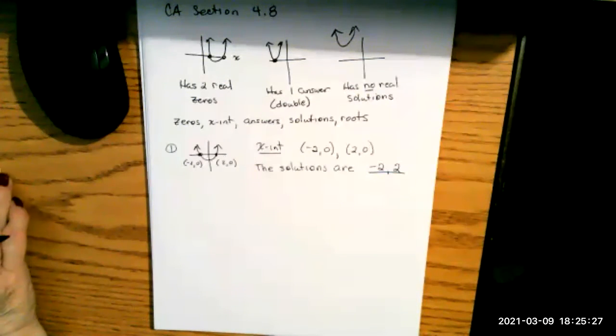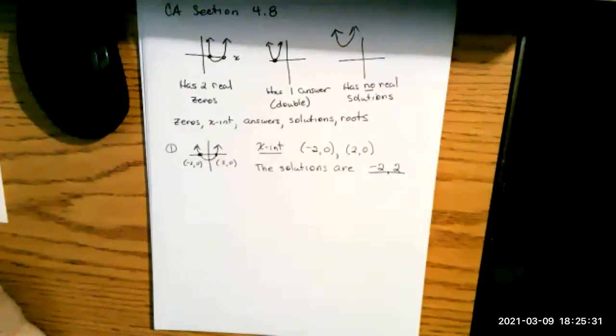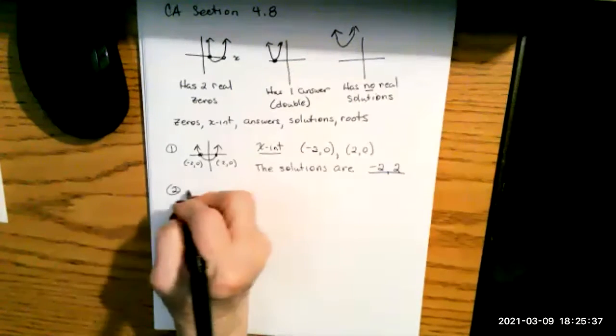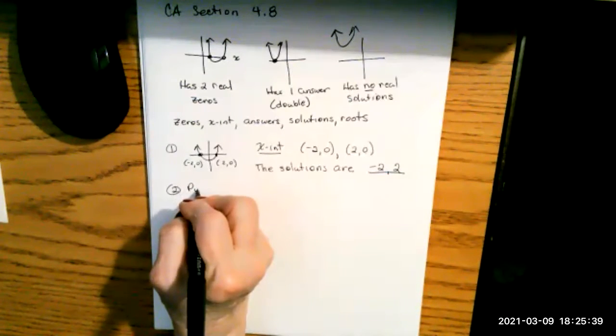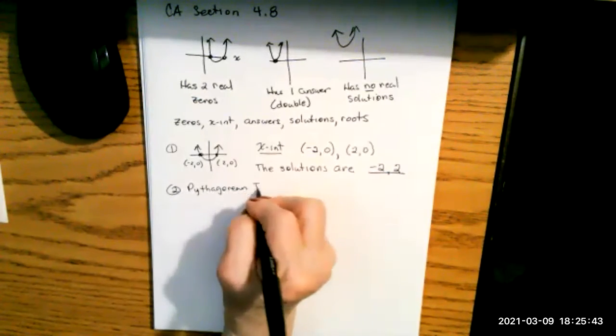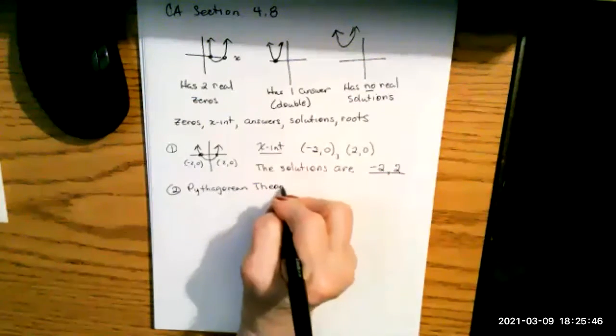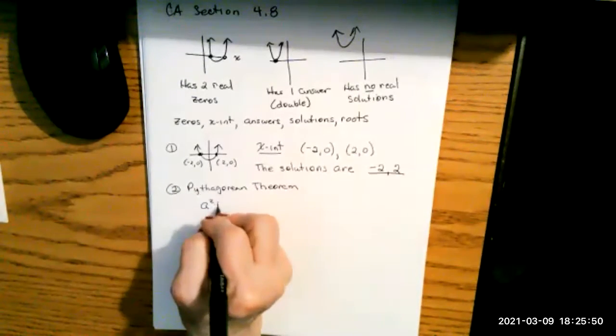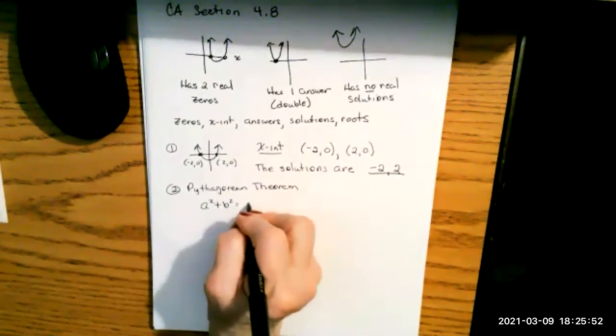So this is the second kind of set of problems where they're giving you a graph and asking you to find different things. So now then, let's talk about the Pythagorean theorem. I know you've probably remembered the name, but you might not remember what it does. It's a squared plus b squared equals c squared.